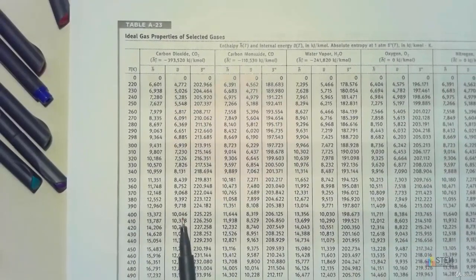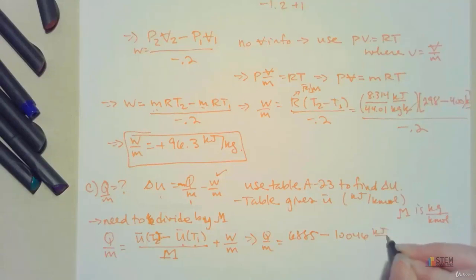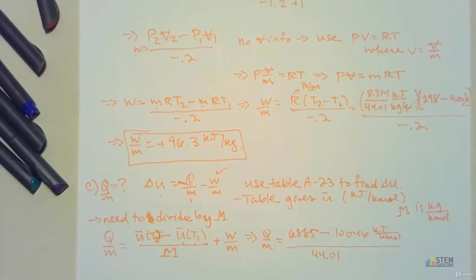Here is your U bar number, 10,046. These are both kilojoules per kilomole. Now we're going to divide those by molecular weight. For carbon dioxide, molecular weight is 44.01 kilograms per kilomole. And then we add W over M, which is 96.3 kilojoules per kilogram.